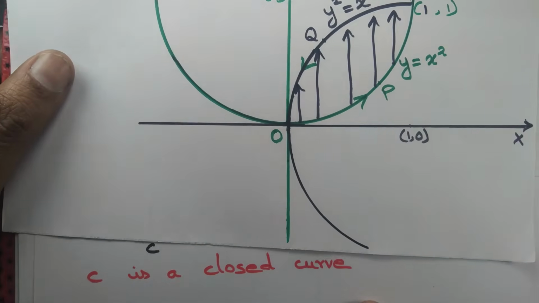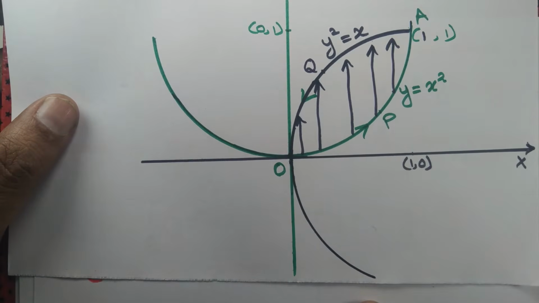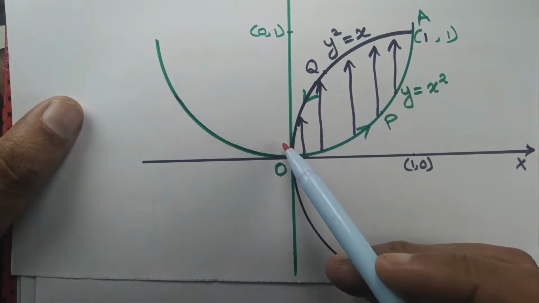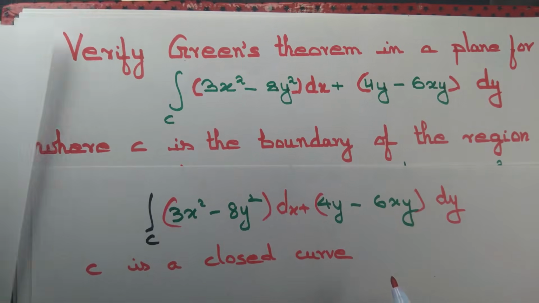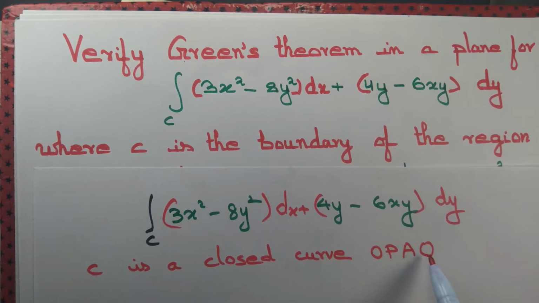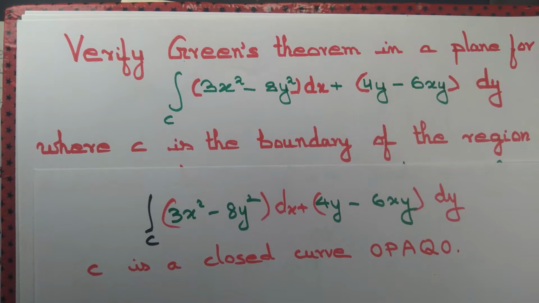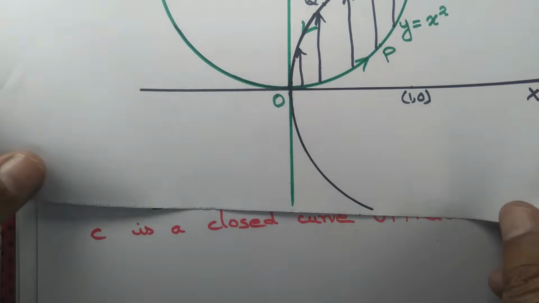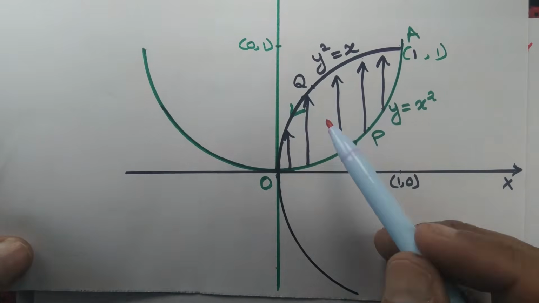C is a closed curve OPAQO. So we evaluate along OPA first. Let us do along OPA.